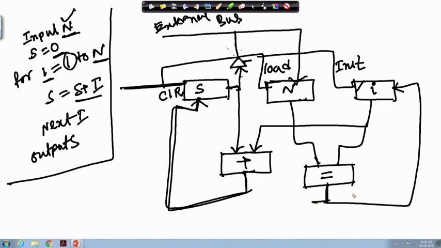If I call it the output enable, this signal will be connected with this particular signal. That means, whenever this signal is 1, this will be enabled and S will go to the external bus. So, this is the corresponding algorithm for finding the sum of n natural numbers.